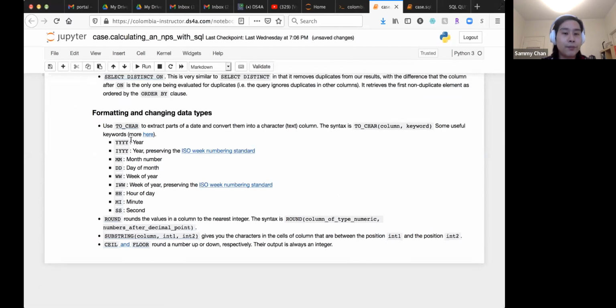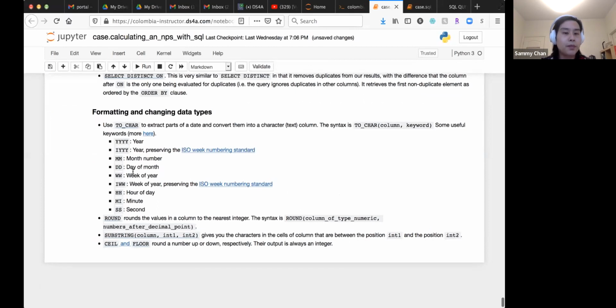So here you can have the format of the year, whether preserving the ISO week numbering standard or not. And you can also not only specify the year, but further specify the day of the month, hour of the day, minute, and second for datetime columns.